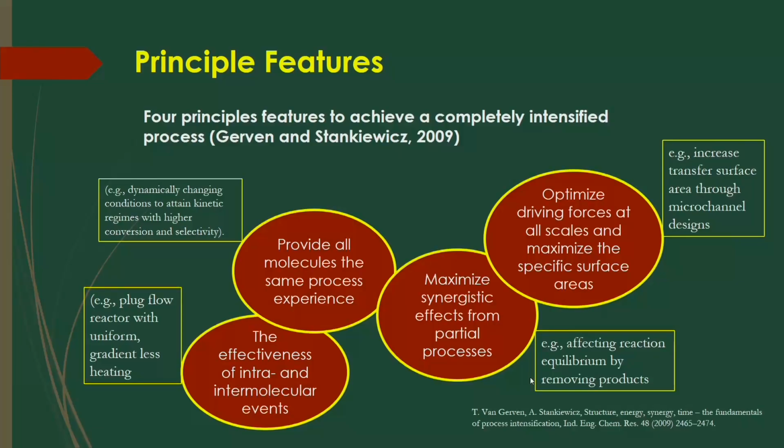Here we will discuss more about those features and also some examples according to the different types of features. Generally, four principal features are followed to achieve a completely intensified process, as per Garvin and Stankiewicz 2009.